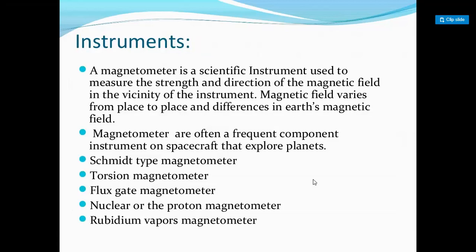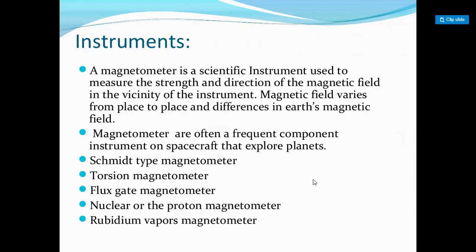Instruments. Here, guys, a magnetometer is a scientific instrument used to measure the strength and the direction of the magnetic field in the vicinity of the instrument. Magnetic field varies from place to place, and the differences reflect variations in the Earth's magnetic field.